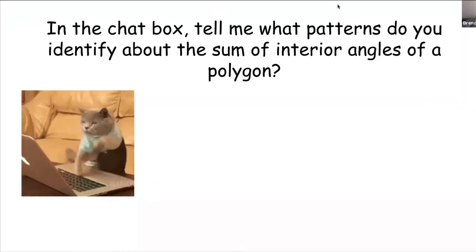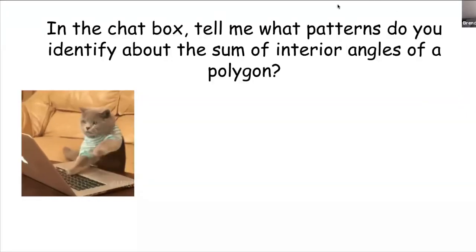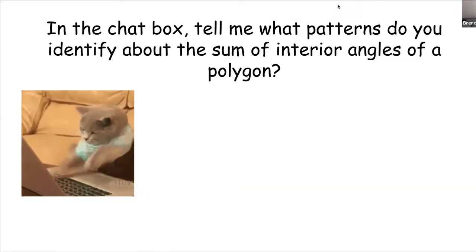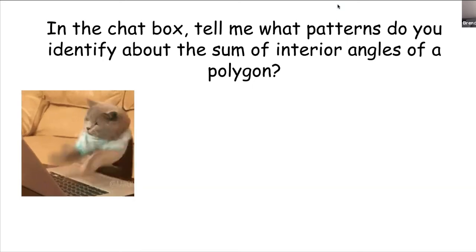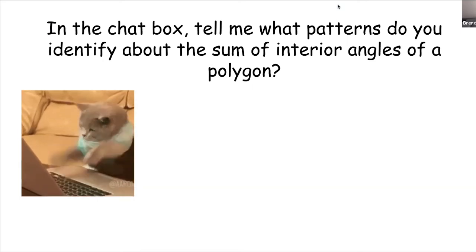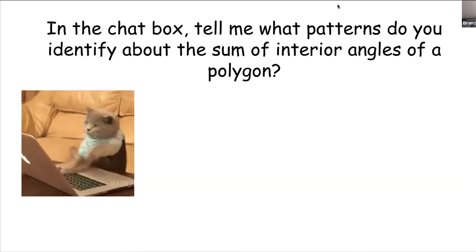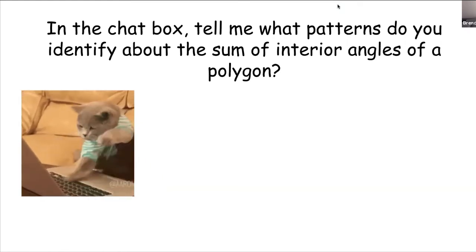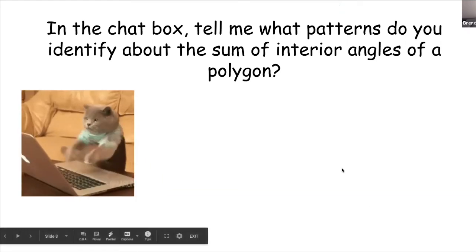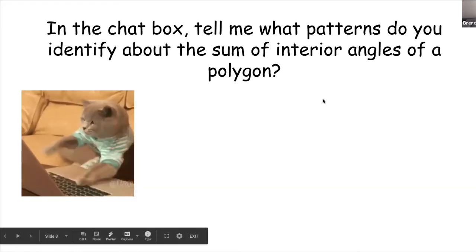I hope you were able to identify a pattern, particularly happening between the number of sides and the number of triangles within a polygon. If you notice, let me go back to my table.